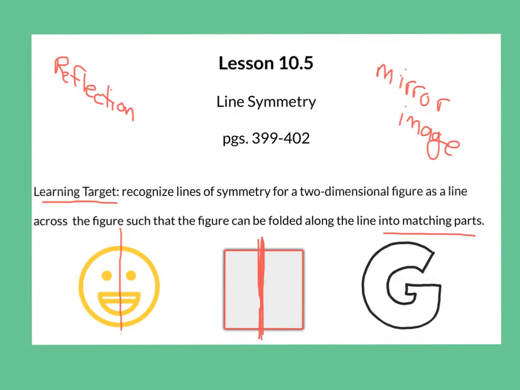I think I've shown that in class before, where if you have a square Post-it and you fold it in half like a taco, you would have two matching sides. Likewise, you could also draw a horizontal line of symmetry where your top and your bottom, if you were to fold them, would also match identically. A square is nice in that as well.